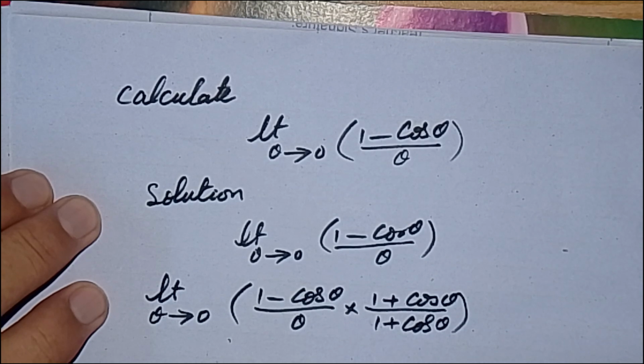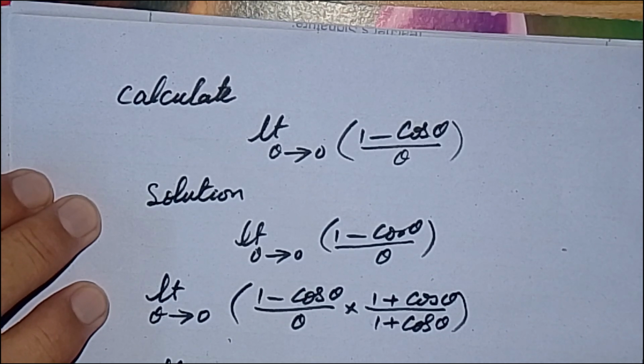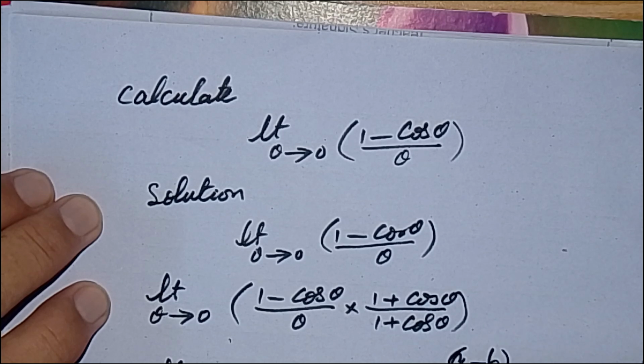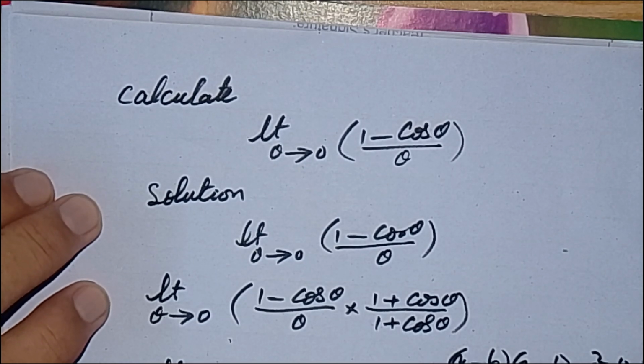Now limit as theta tends to 0 of (1 minus cos theta) into (1 plus cos theta). Here we use the formula (a minus b)(a plus b) is equal to a square minus b square.